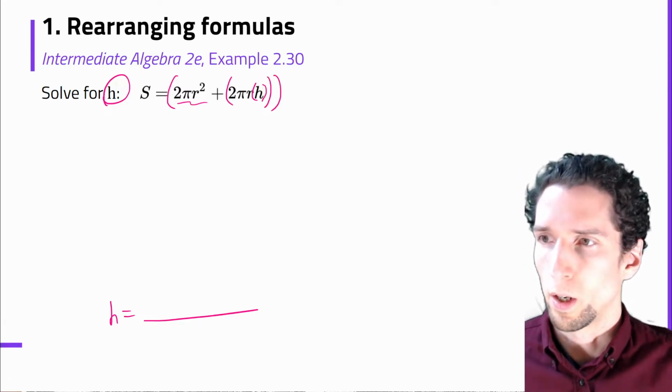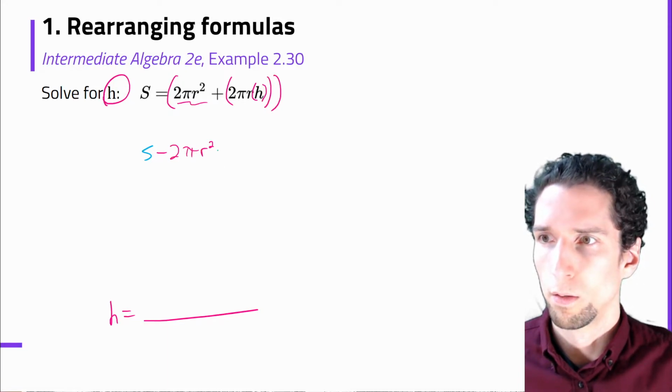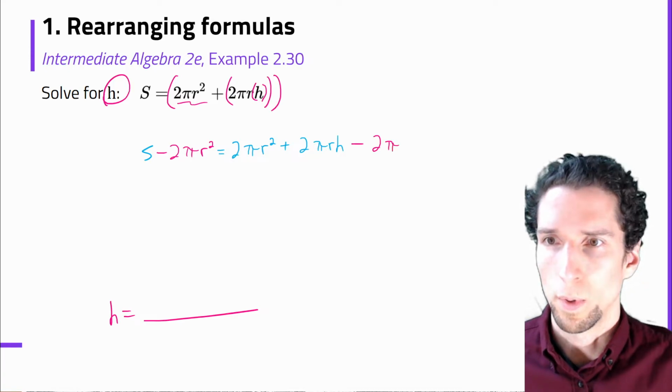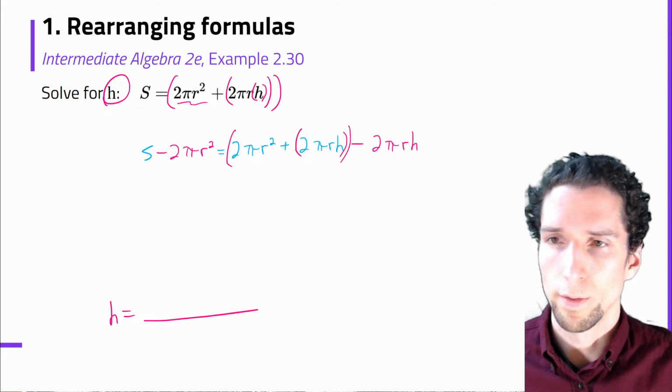So our first line here would be s minus 2 pi r squared equals 2 pi r squared plus 2 pi r h minus 2 pi r. And we can keep these brackets in here if that helps us. Just kind of keep everything organized.